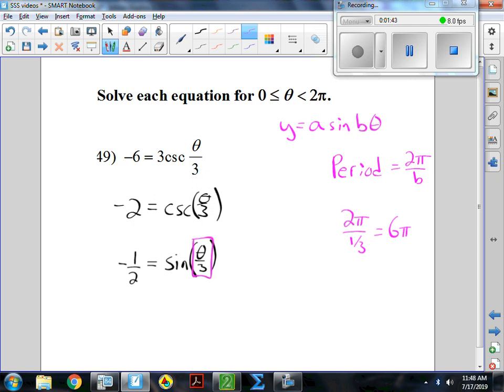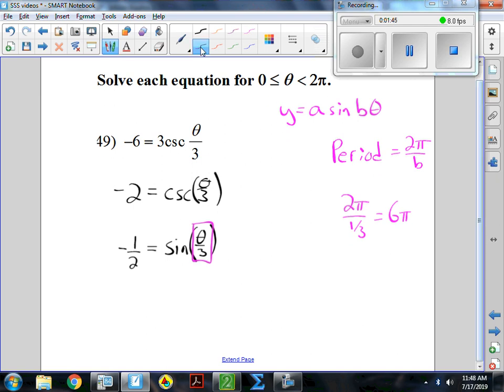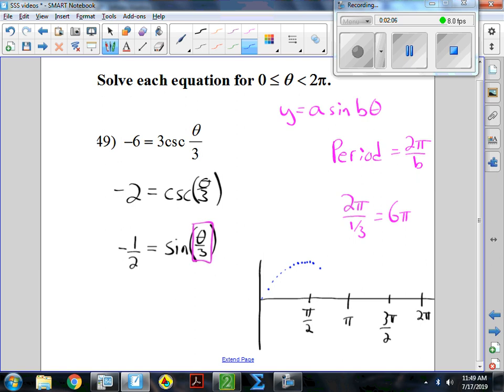So we look at that graphically. If I look at it from 0 to 2 pi, then my parent graph goes from 0 to 2 pi, like normal.